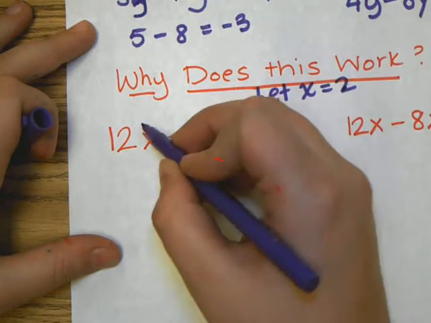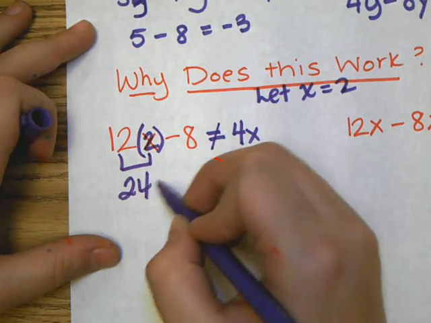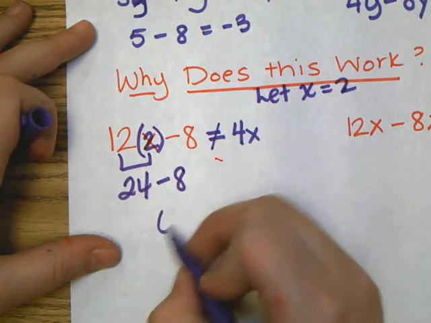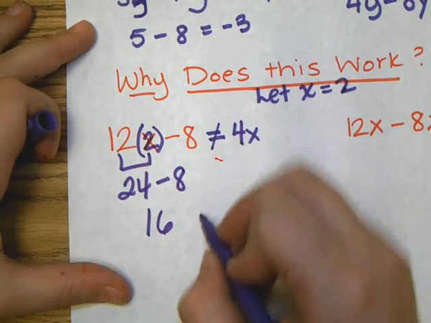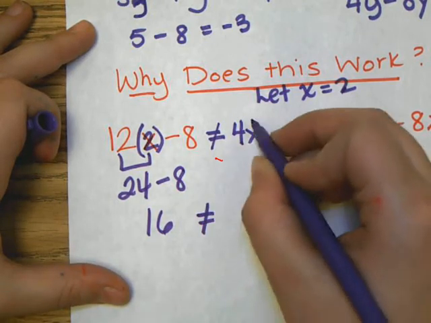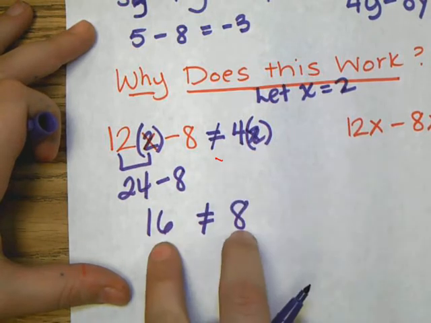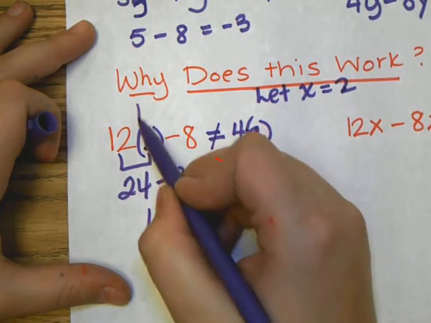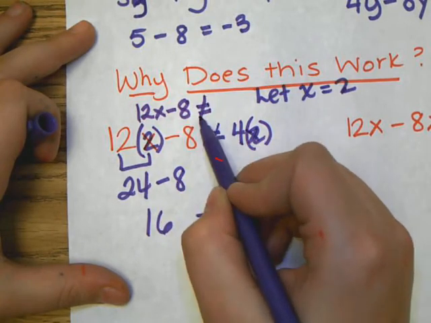If we plug in a 2 here, we get 12 times 2 is 24, 24 minus 8 is 16. If we plug in a 2 here, we get 4 times 2 is 8. They aren't equal. Therefore, 12x minus 8 is not the same thing.